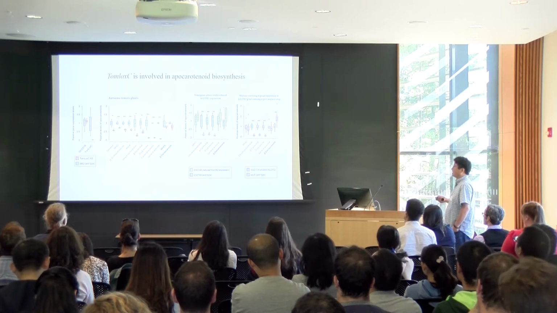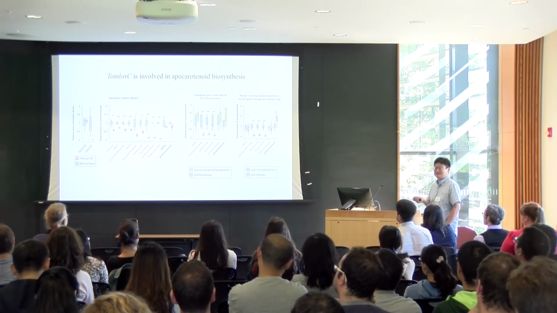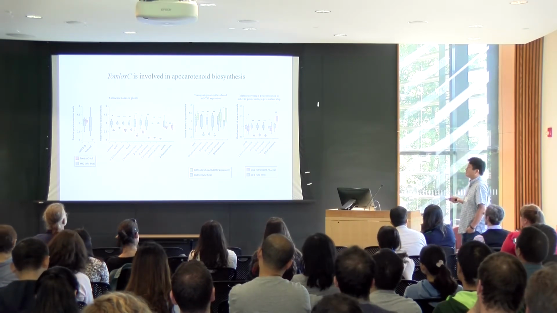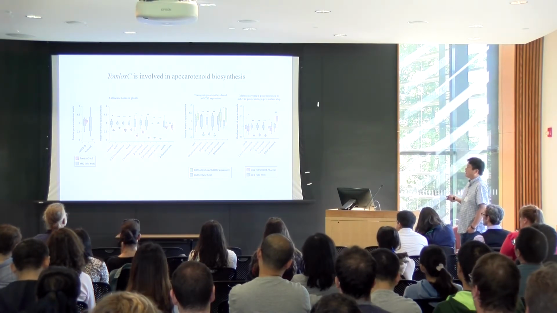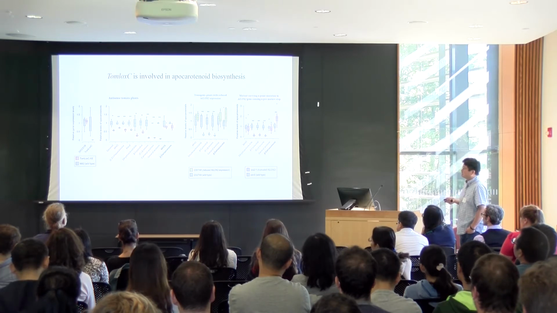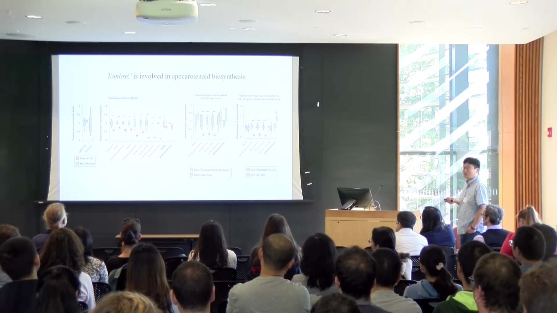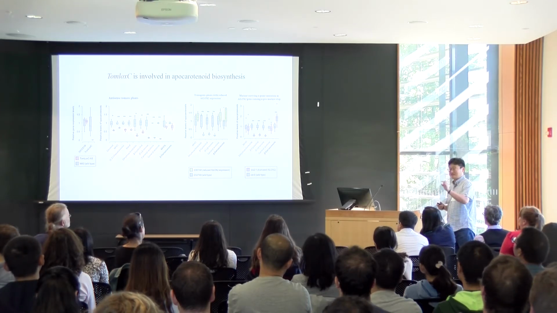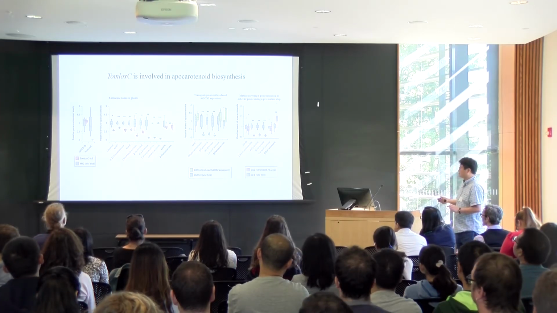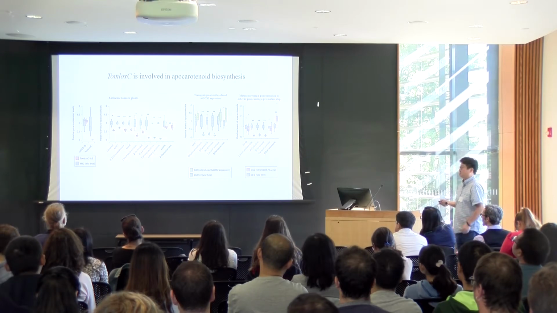And then Jim's lab did this transgenic analysis. We knocked down this TomLoxC gene, and we looked at the expression of another gene, CCD1, that's known to be involved in apocarotenoid biosynthesis.